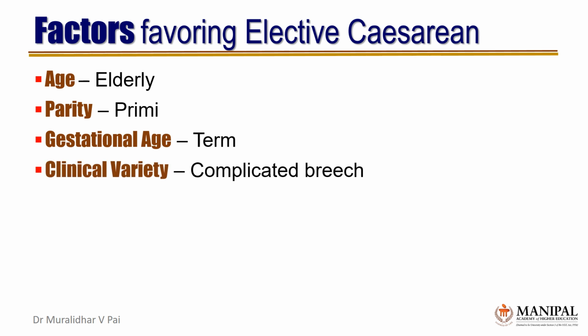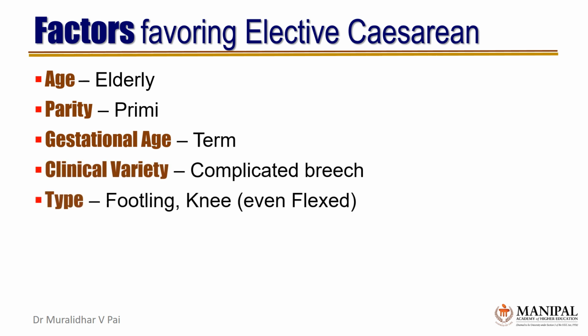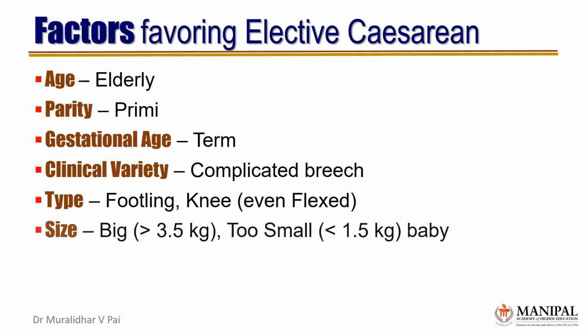Clinical varieties of complicated breech, and the type of breech, especially footling, knee presentation, and even flexed breech, are for caesarean delivery because the incidence of cord prolapse is higher in these types of breech. Size matters.